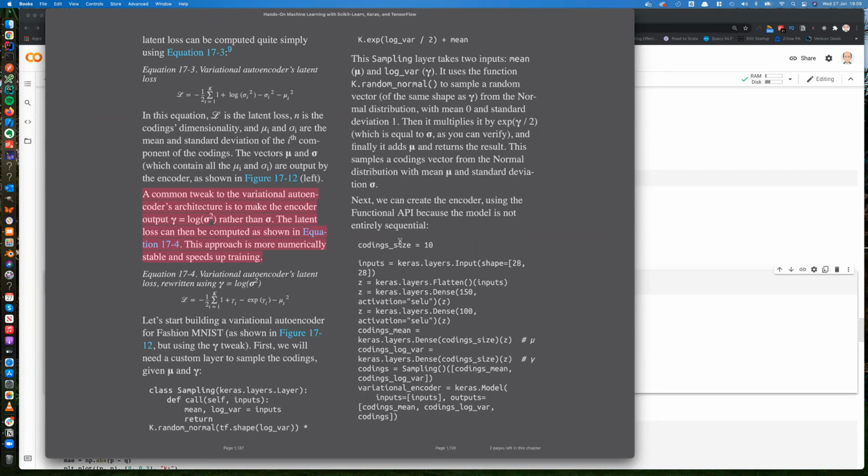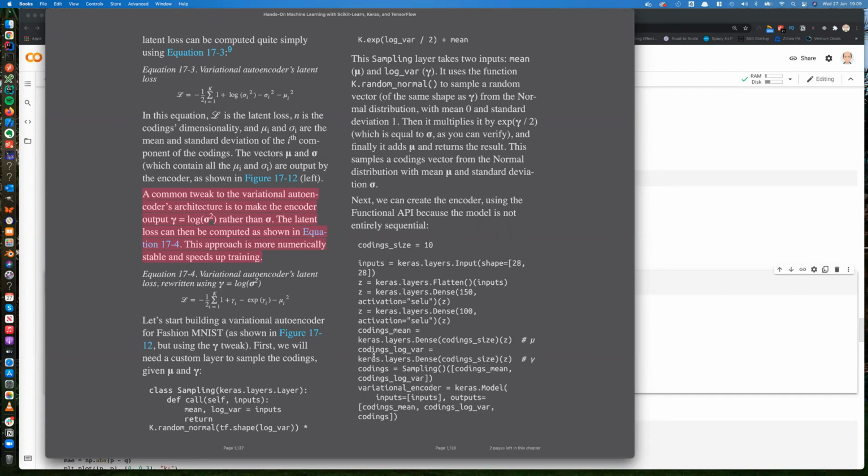Yeah, that's fine. And then let's have a look at what it's doing. So here we're saying the coding size is 10. The input is an image, 28 by 28. We flatten it. Then we have a dense layer with SELU, then another dense layer of dimension 100, also SELU. And now we have the codings mean, which is a dense layer of the coding size, which takes as input that dense layer.